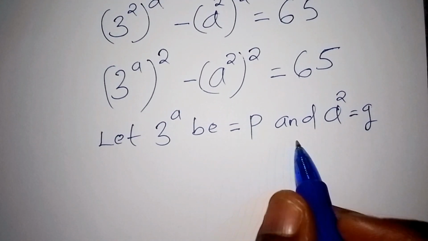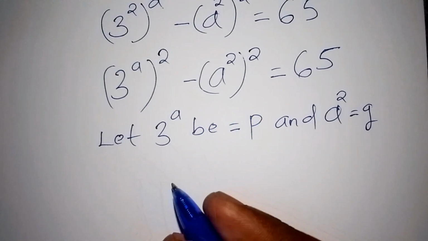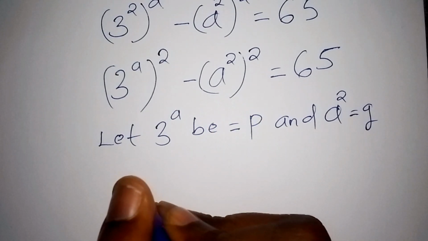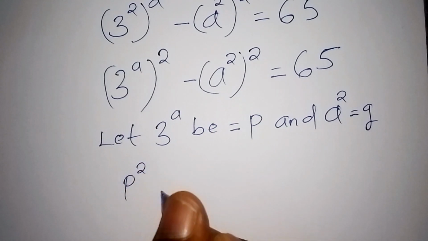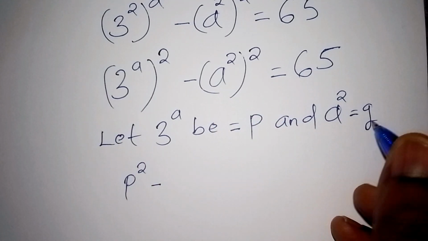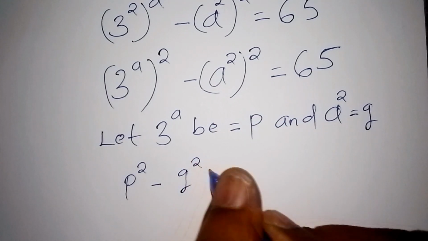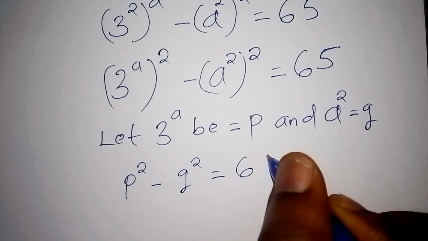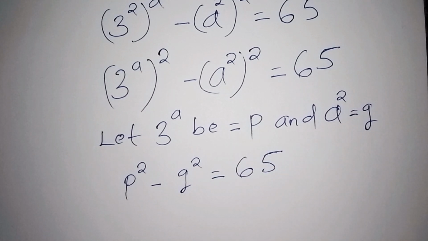So when we substitute p and q into this equation, we shall be left with p to the power of 2, or p squared, minus q squared, is equal to 65. So meaning that we have formed an equation.